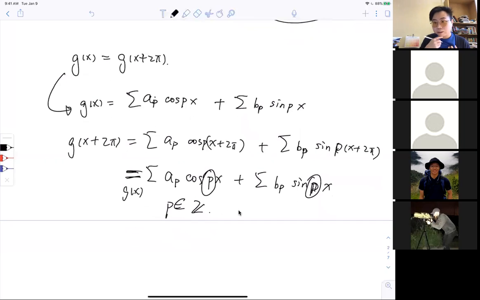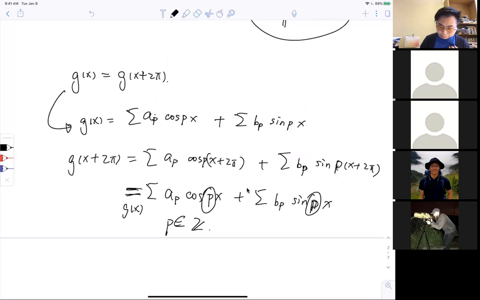I have a question. How do we know the period by looking at the function, and how does the function change with the period?